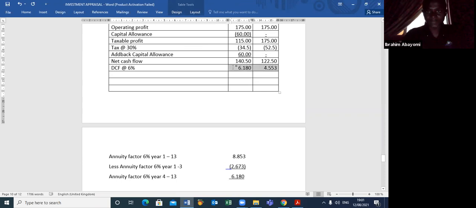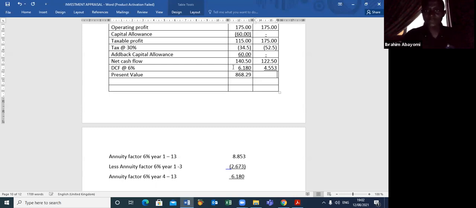So underline, and let's get our present values. 140.5 times 6.18 gives me 868.29.